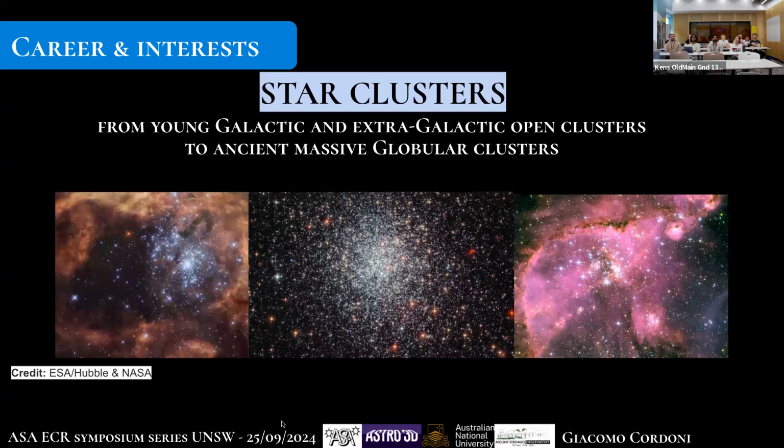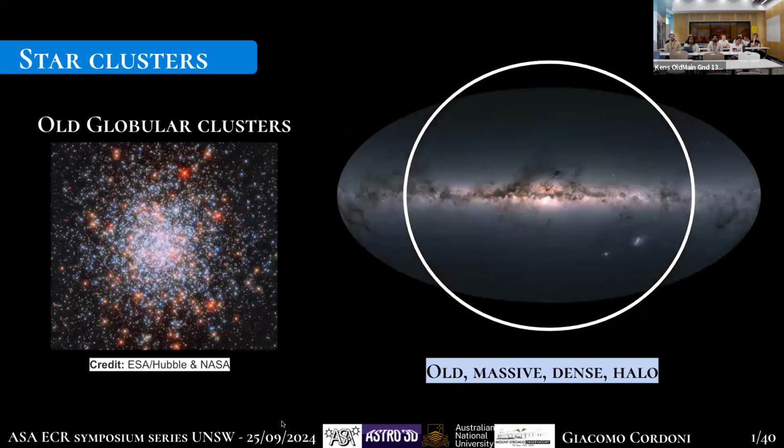We will go from young galactic and extragalactic open clusters to ancient massive globular clusters in the Milky Way. Historically, they have been very important because in the Milky Way, we can divide clusters into two main classes. We have old globular clusters, which are very old, massive, compact objects that live mostly in the galactic halo.